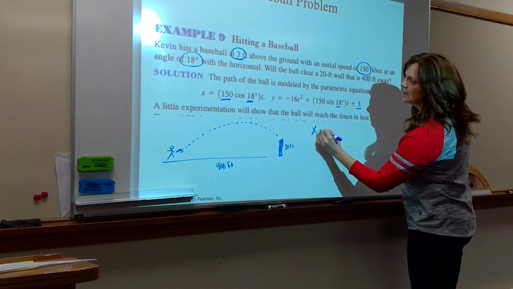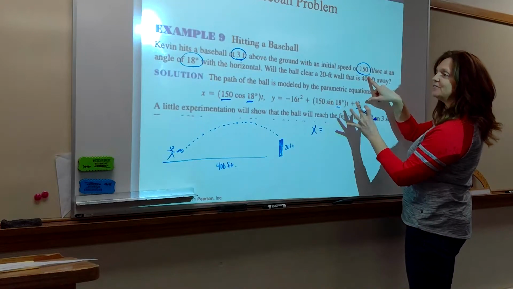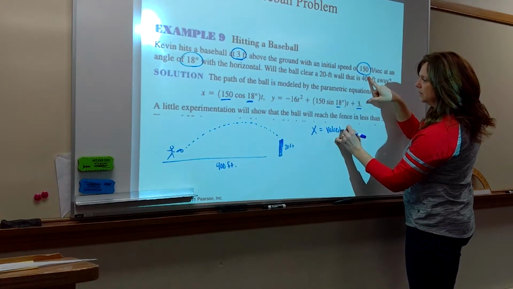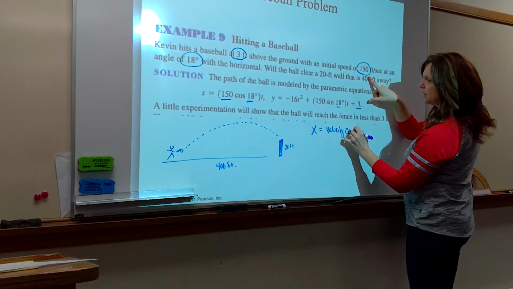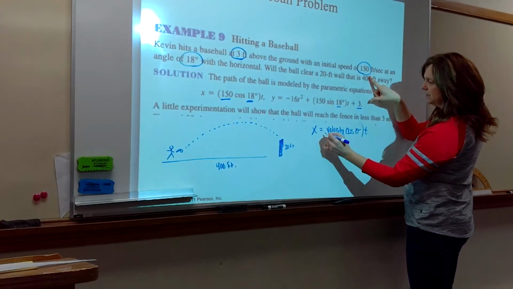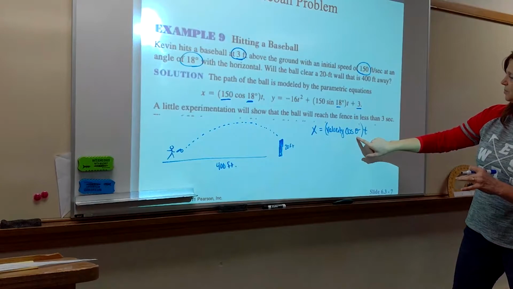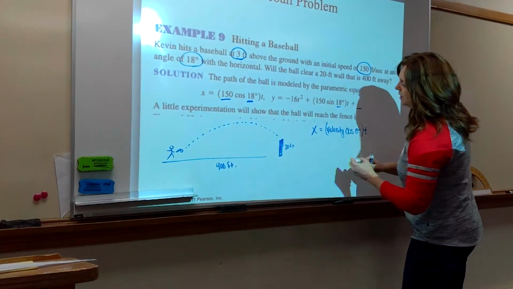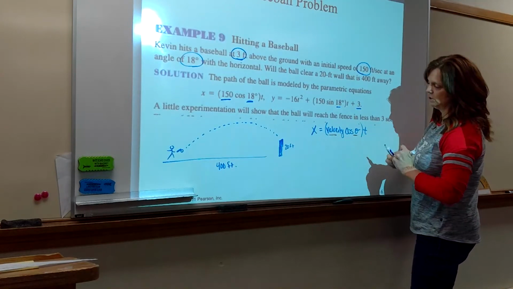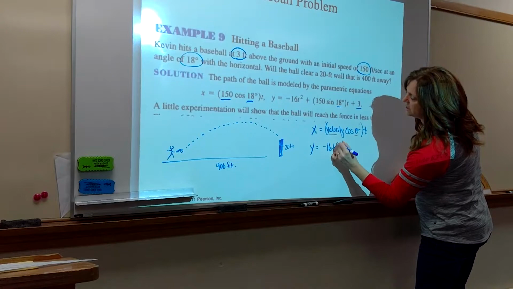So it's x equals some kind of velocity times cosine theta times t. So you have to put in that velocity and this theta. That's something you're going to substitute in, and that's something you're going to substitute in. And then y is negative 16t squared.